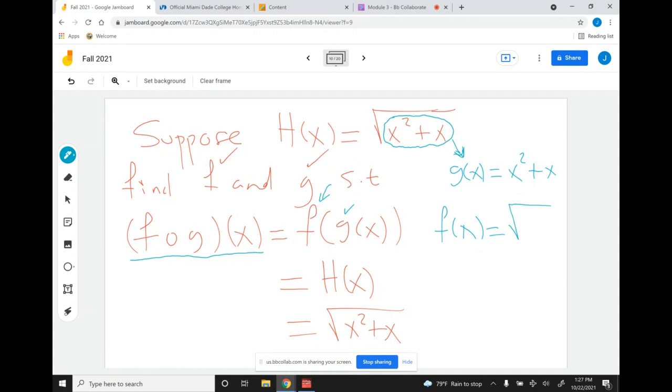You cannot just write a square root of what? Well, we're going to put an x because this x serves as a placeholder. A placeholder to what? Well, this x will eventually be replaced by x squared plus x. And there it is. That's all you have to do.